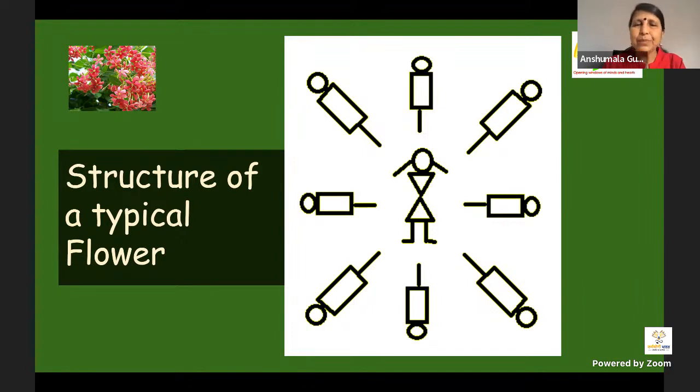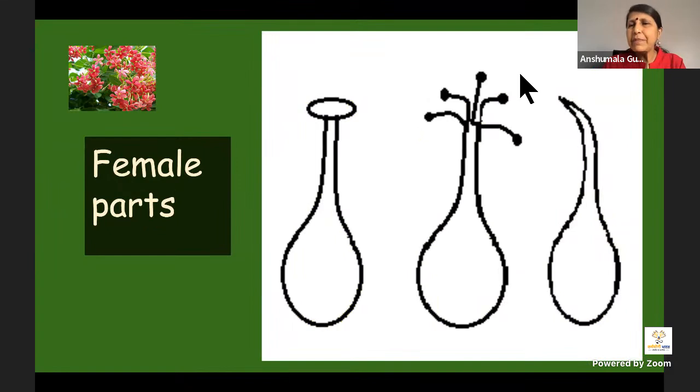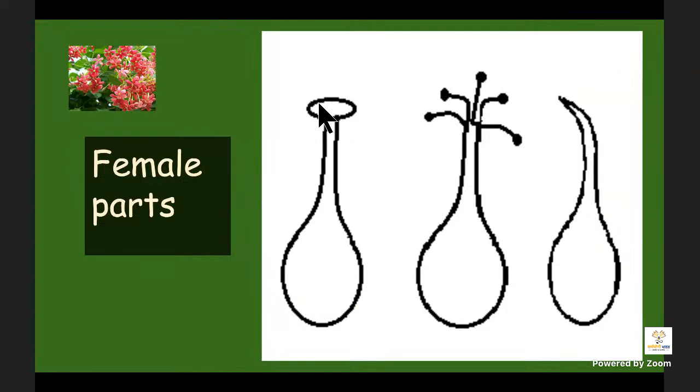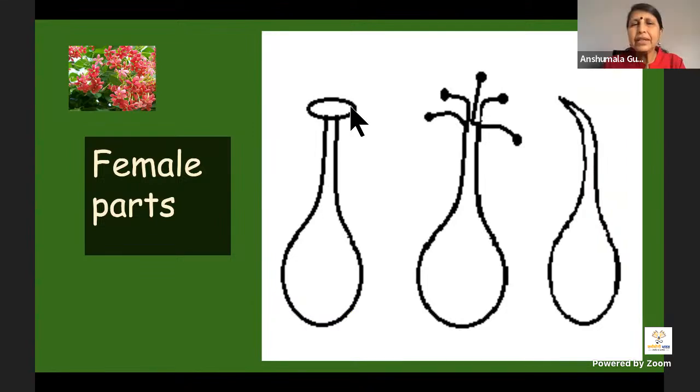And let's see their shapes. So this is the female shape. You can see that the female is actually a tube with the upper tip either flattened like this, and it's pretty sticky. If you touch it, it's pretty sticky. So either this, or the top portion may be subdivided into 3 or 5 parts like that, or it could be a simple pointed tip. So any of these. We normally don't see the swollen base.